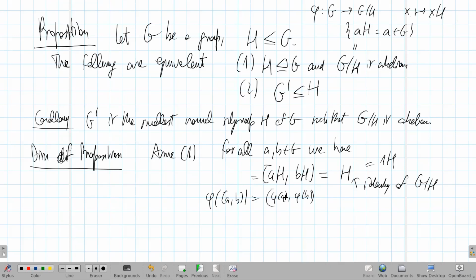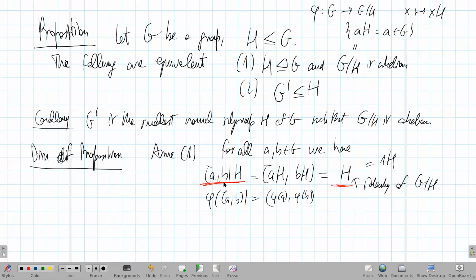So this is [a,b]H, because it's the image under this phi of the commutator. So we have that this equals H for all a and b in G.